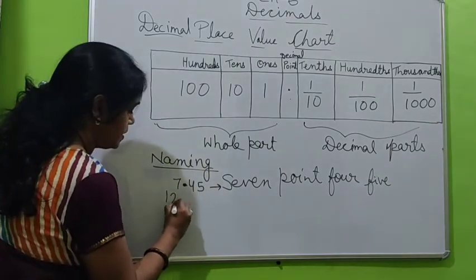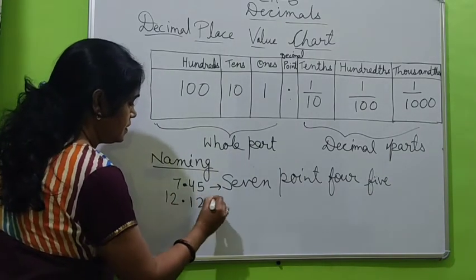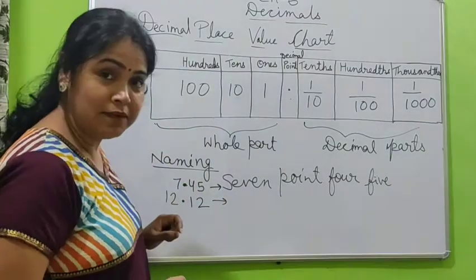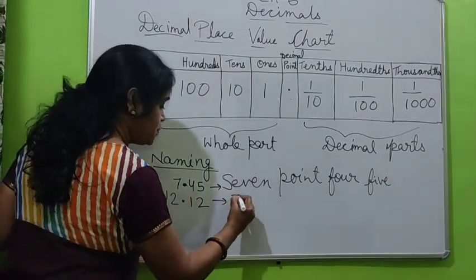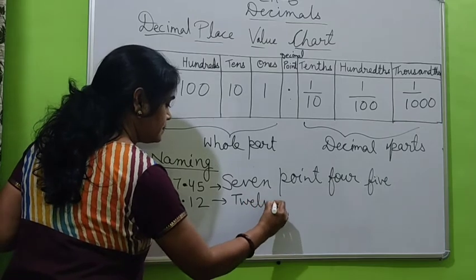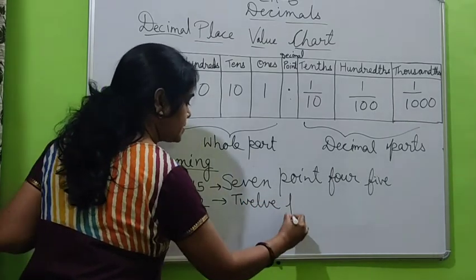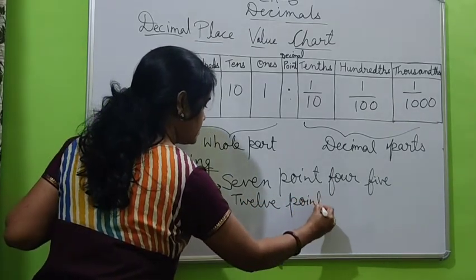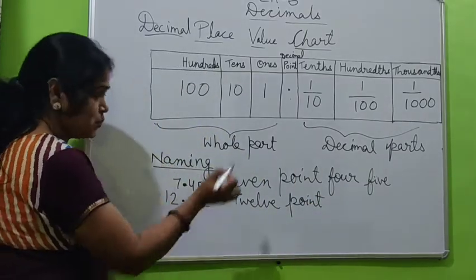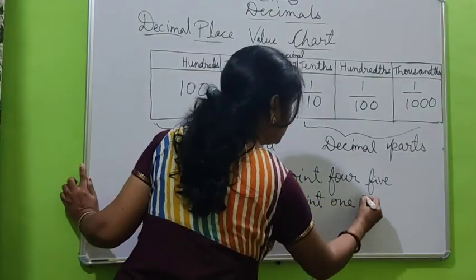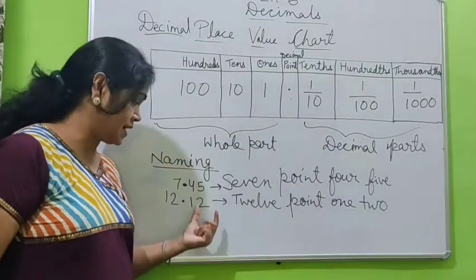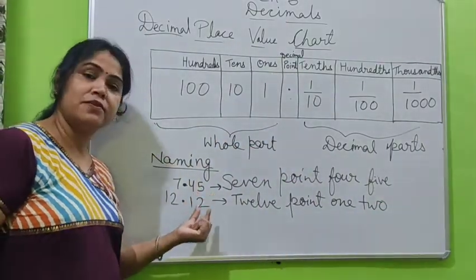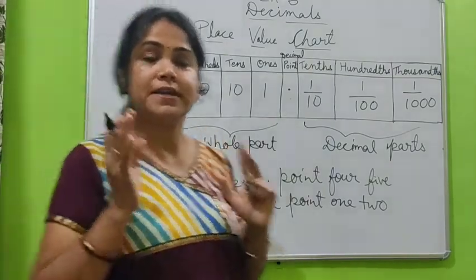Now suppose I am writing 12.12. Can we read it as twelve point twelve? No. We will read it as twelve point one two. Not 45 or 12, we are reading each digit in the decimal part.